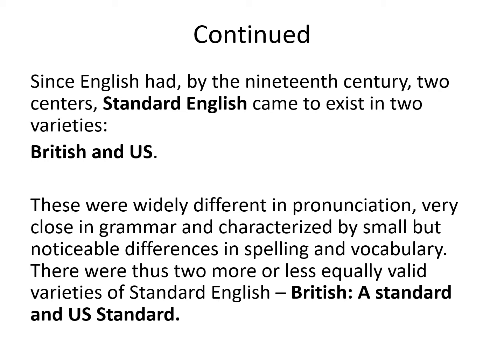You can notice some spelling differences, like center in America, or centre in British, and many other examples. So there were two more or less equally valid varieties of standard English, British standard and US standard. These are the two standardized varieties known throughout the world, RP and GA, General American.